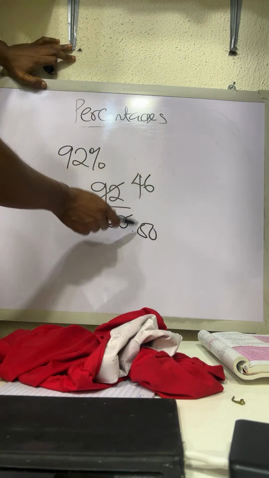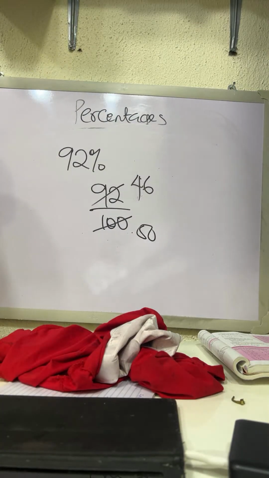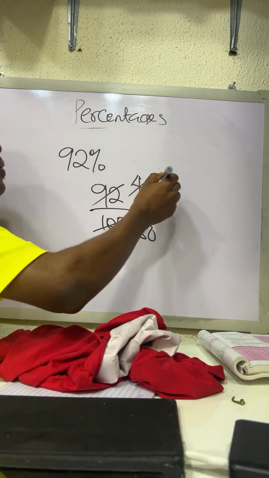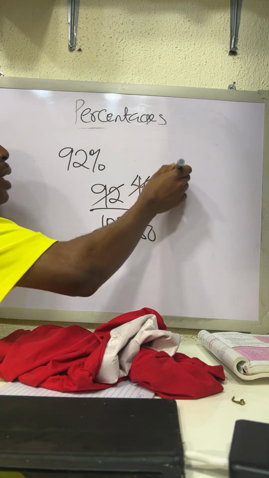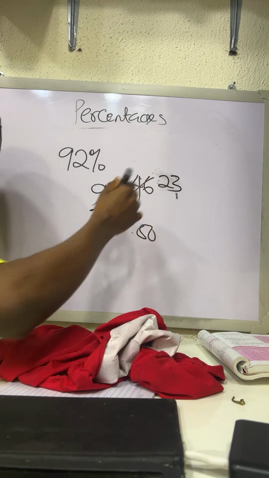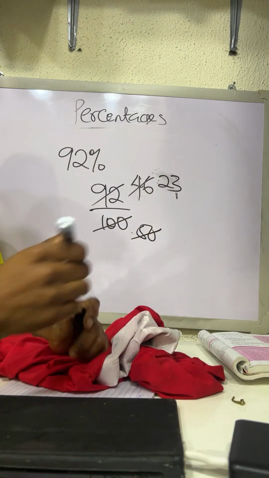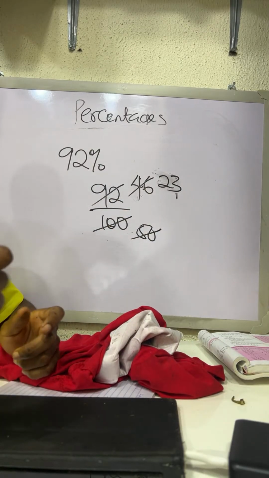So what can divide again? Divide by 2 again. You can see that 2 can still divide. When you divide 50 by 2, what do you get? 25.